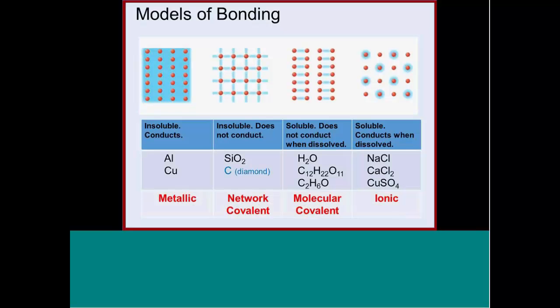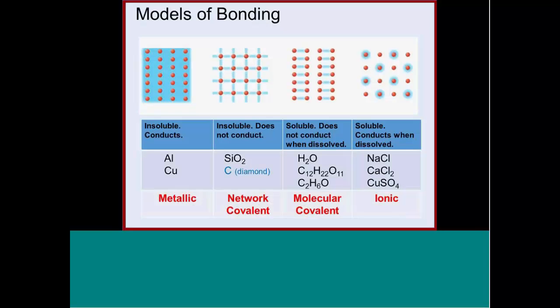So water can actually disperse the clusters of molecules and get them to move throughout the solution or throughout the liquid, whereas they can't when they're network covalent because all of the atoms are connected so rigidly to one another.